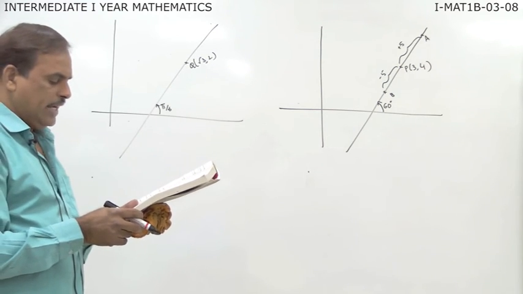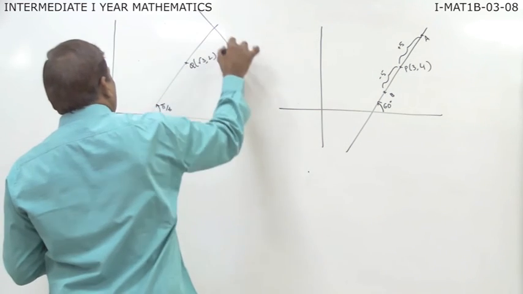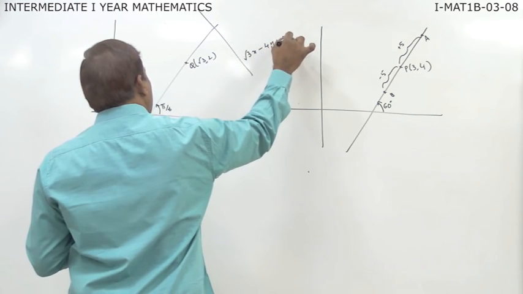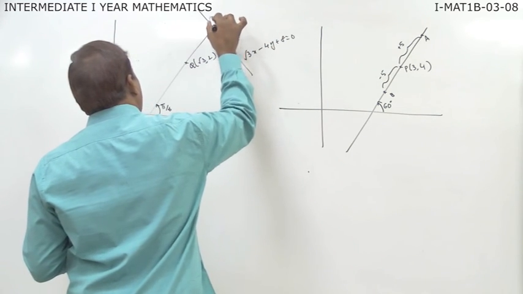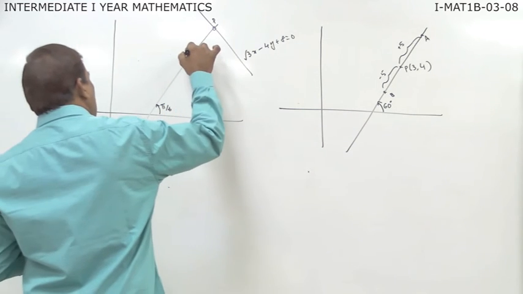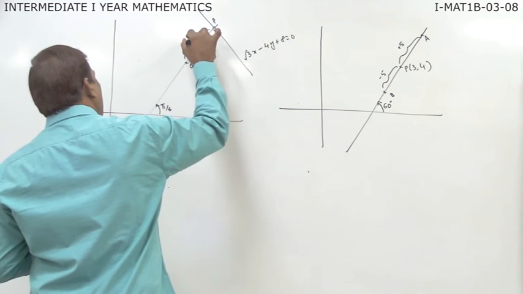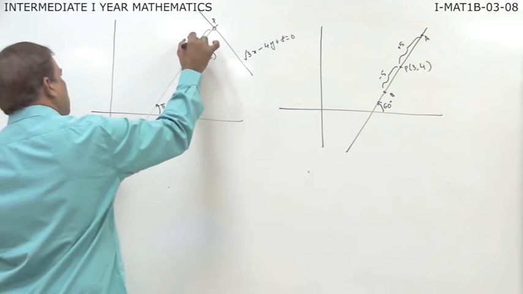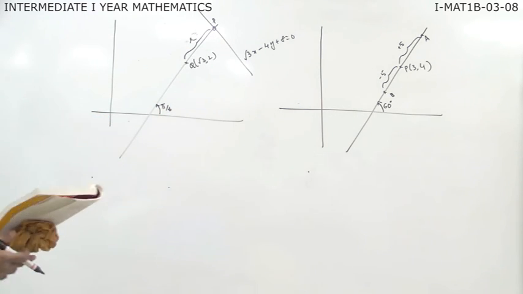If the straight line intersects root 3x minus 4y plus 8 is equal to 0 at P, then find the distance PQ. This distance we have to find out. Let's say these distances are what we are going to find now.